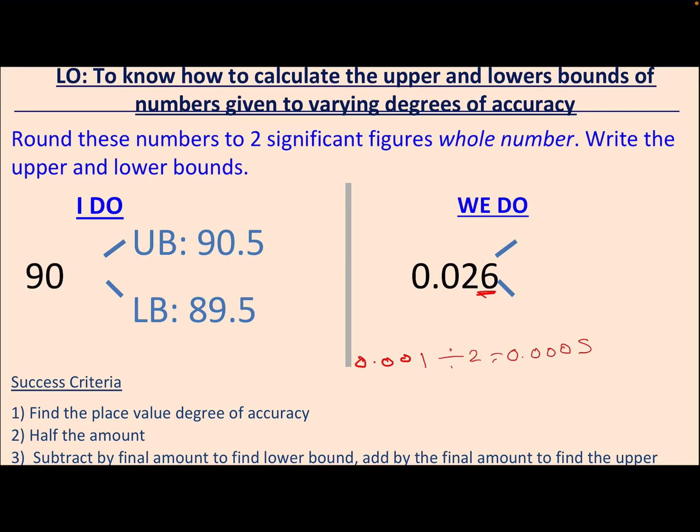To find the upper bound, we add that amount, and to find the lower bound, we subtract. So the upper bound is going to be 0.0265, and then the lower bound is going to be 0.0255. Okay, I'm going to be moving on to the next slide now.